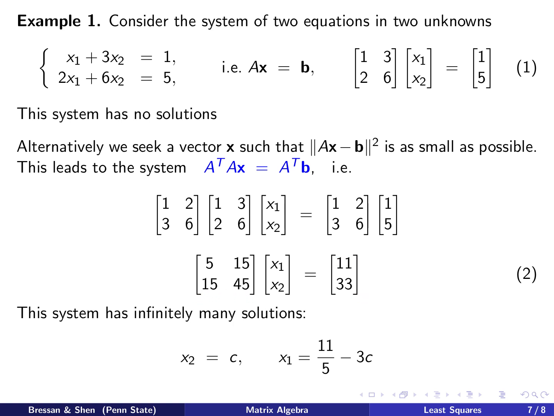So it is a system that has infinitely many solutions. You can pick x2 to be an arbitrary c, and you can express x1 in terms of that. So we see that for a linear system with no solutions, we formulate it into the least square problem and get a new system here, and this system has solutions.